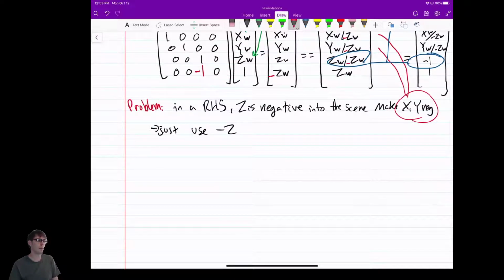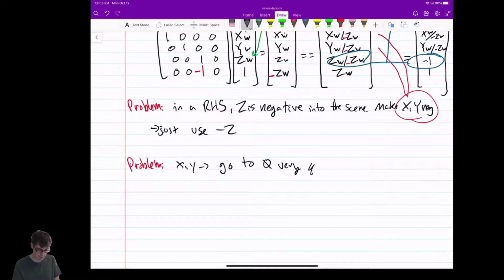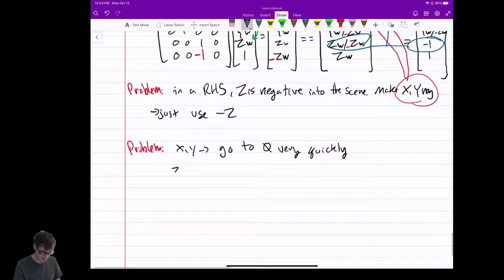There's another problem. And this is that the x and the y, they actually go to 0 very quickly. As z gets bigger, they shrink very quickly. Just think about it. If z is 1, there's no change in x or y.